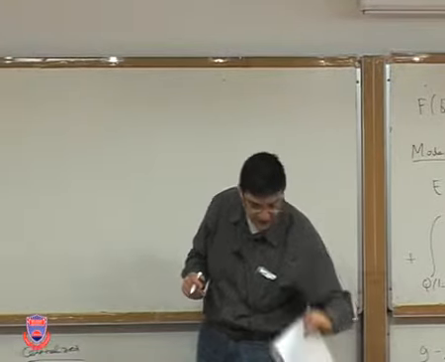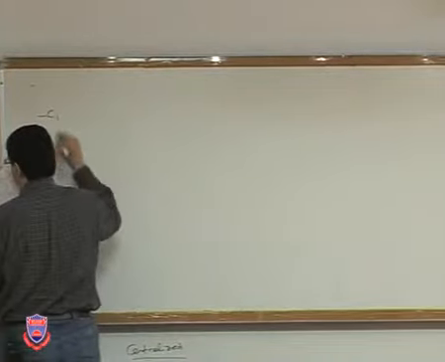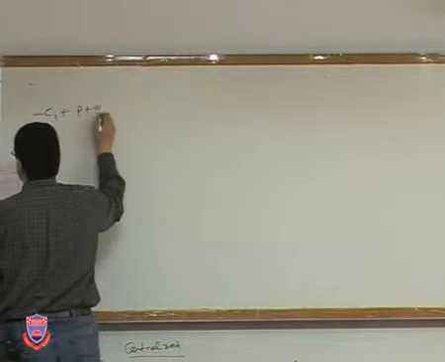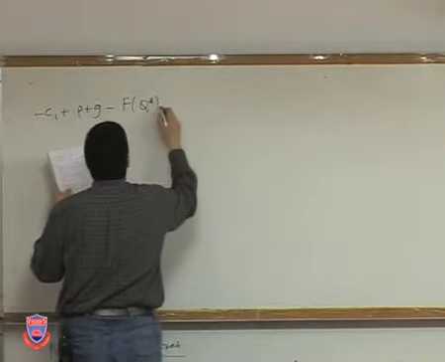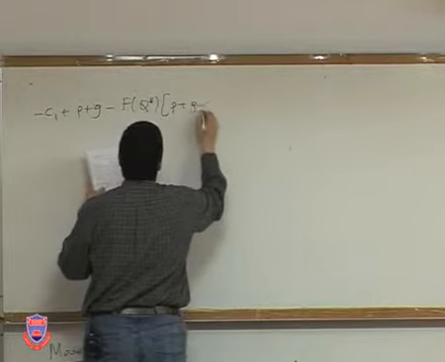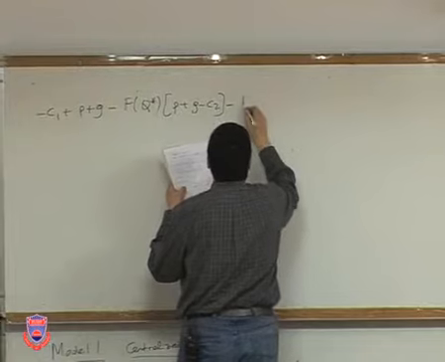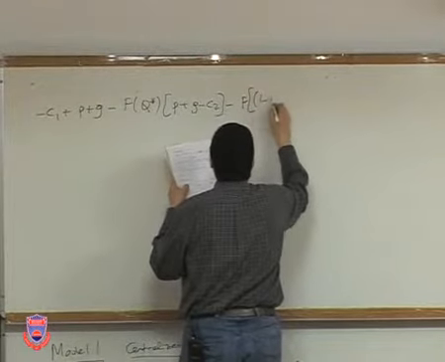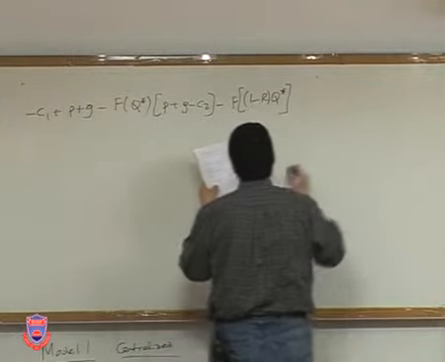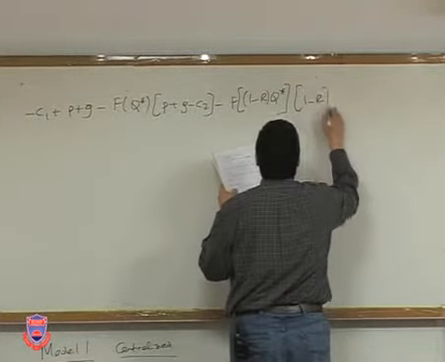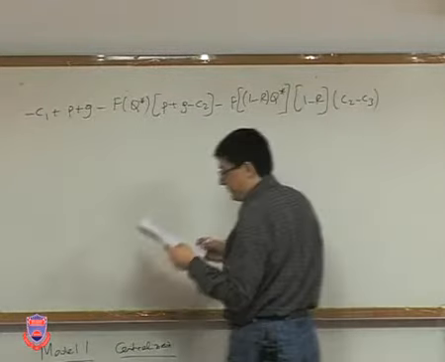So the first order condition, let me write this here, is minus C1 plus P plus G minus F of q optimal times P plus G minus C2, minus F of 1 minus R q optimal times 1 minus R times C2 minus C3.